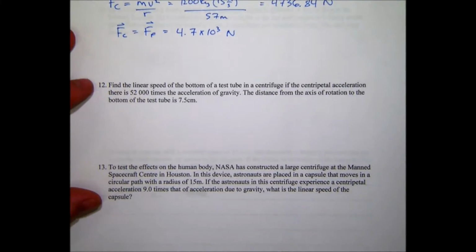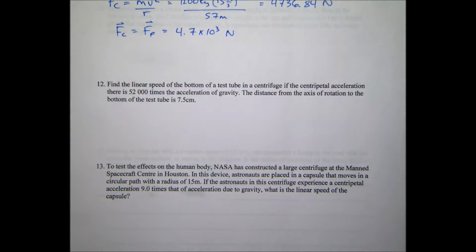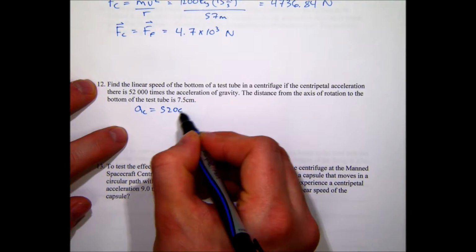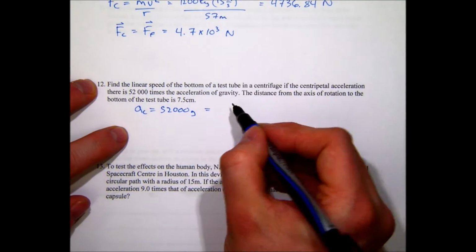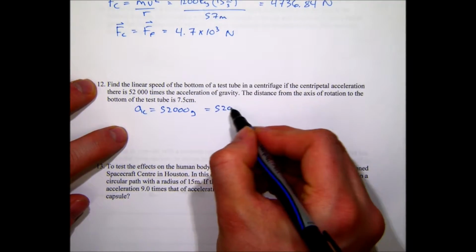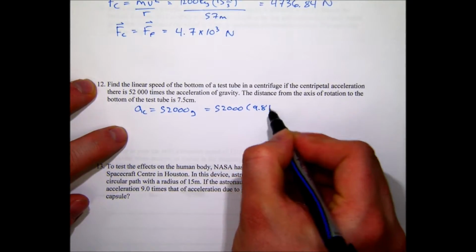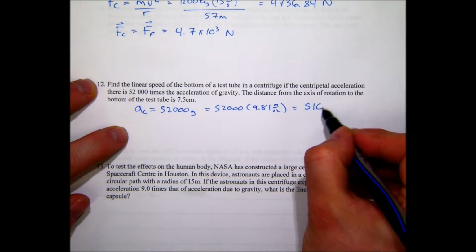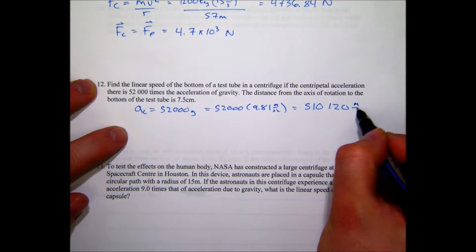Question number 12. Find the speed at the bottom of a test tube in a centrifuge if the centripetal acceleration is 52,000 times acceleration due to gravity. The distance of axis of rotation to the bottom of the test tube is 7.5 centimeters. So AC is equal to 52,000 G, which is equal to 52,000 times 9.81 meters per second squared, which is equal to 510120.